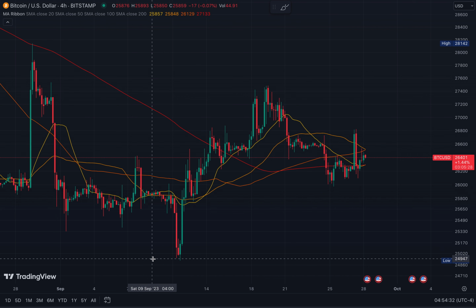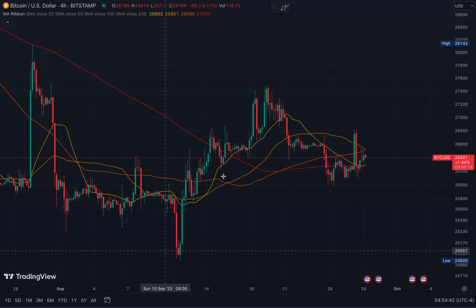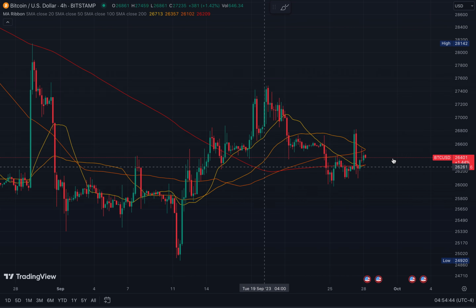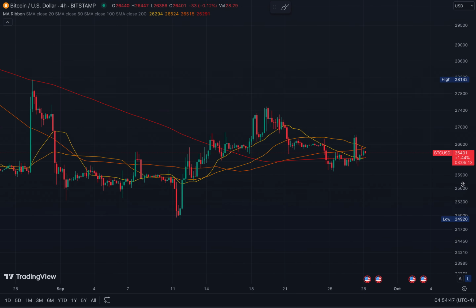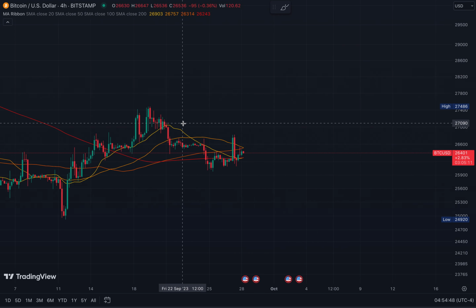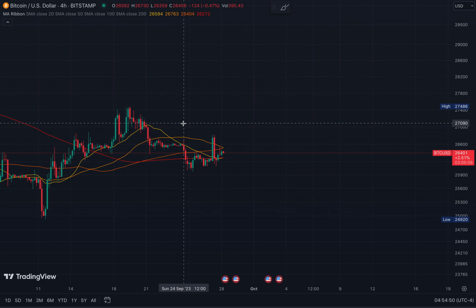There are 4 bands on the screen, and these are all moving average bands. So what you'll notice if we zoom out and go back in time is that when the bands get close together, the price is kind of compressed.